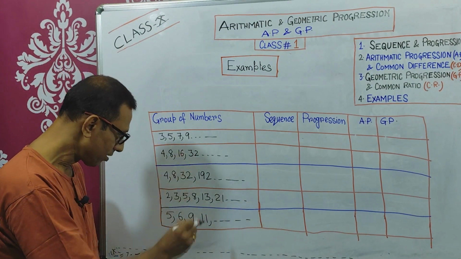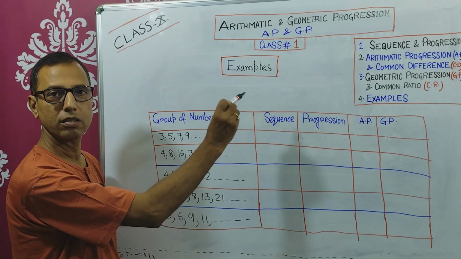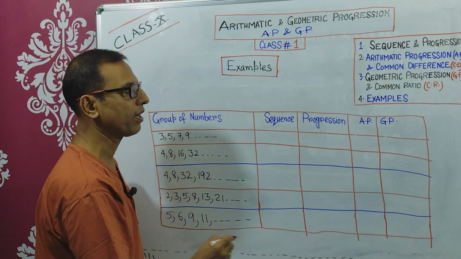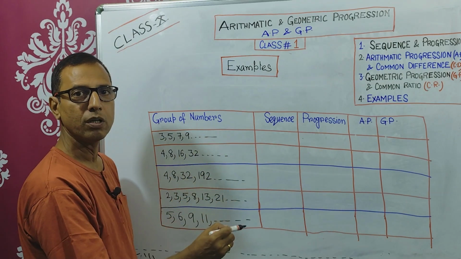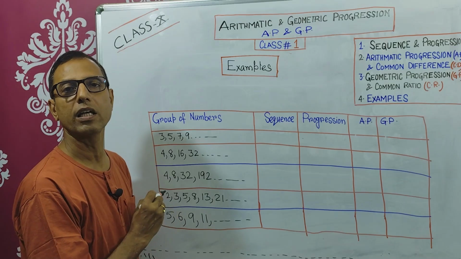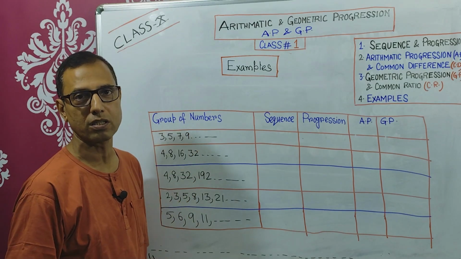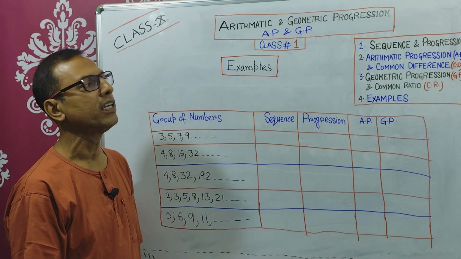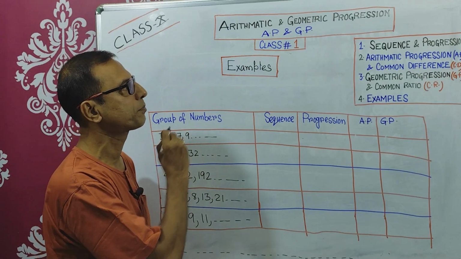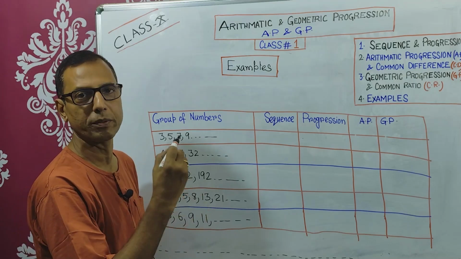Okay, just try to understand this table, right? Then I will take a different class explicitly for arithmetic progression and geometric progression.